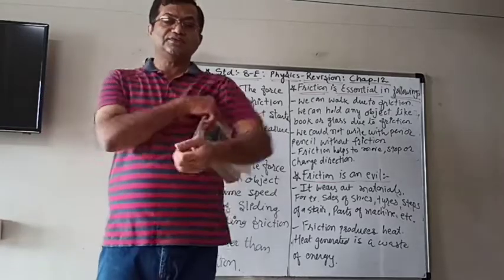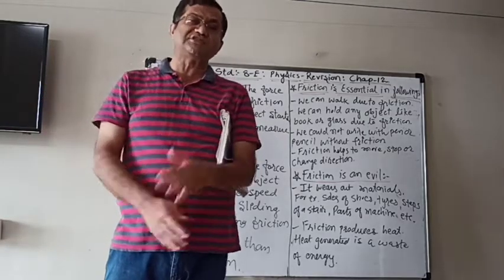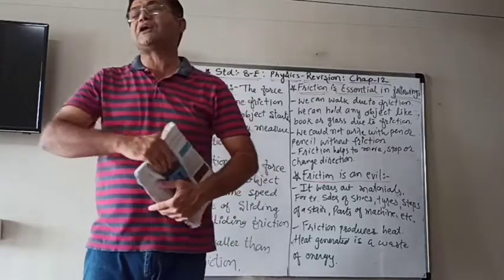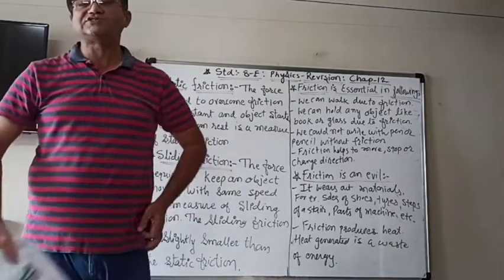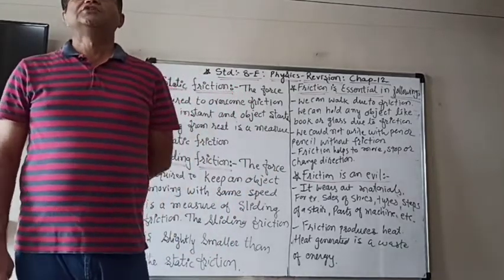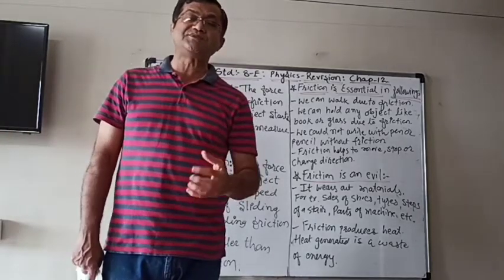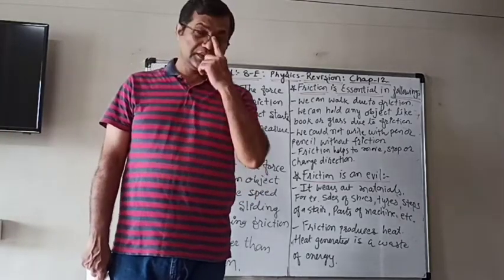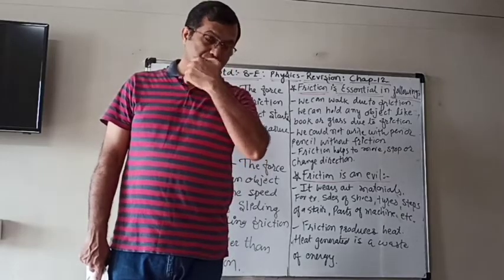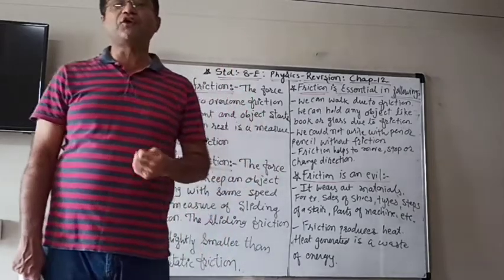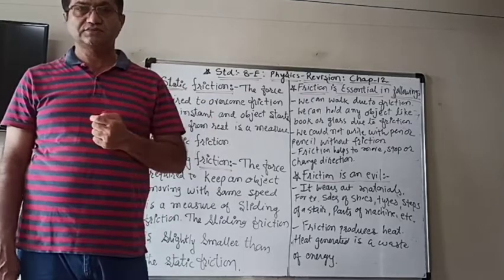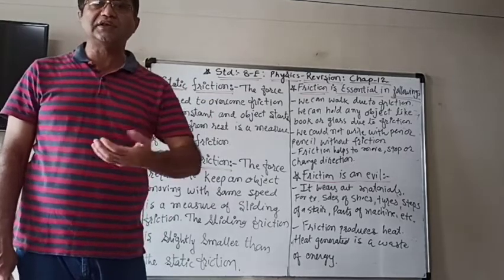We know that there is friction between the two surfaces because of the irregularities on the surface. So if you want to move that object from rest, we need to apply a force which is more than that friction.